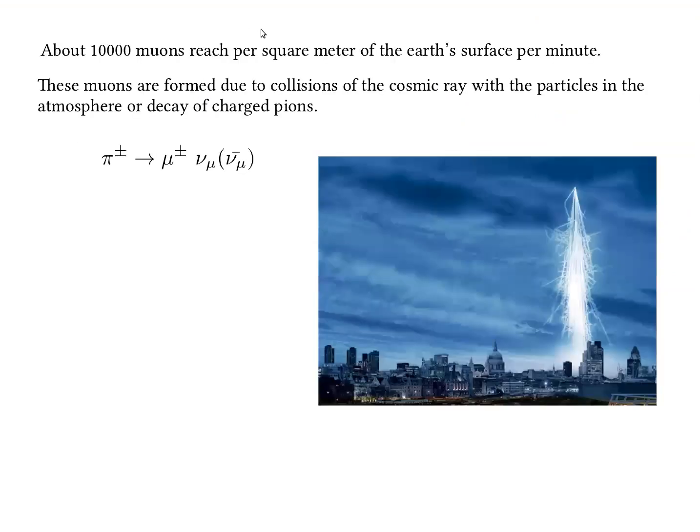So what is the source of the muon? Muons form because of cosmic rays. Cosmic rays means particles coming from outer space, most of them protons or nucleons, coming from reactions in stars. When they enter the atmosphere, they collide with atmospheric particles, or they decay by themselves because they have a certain lifetime.